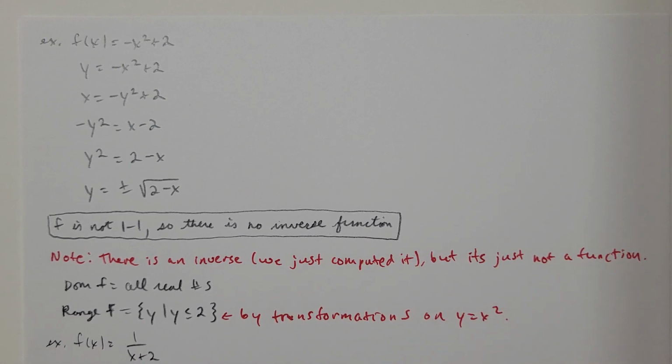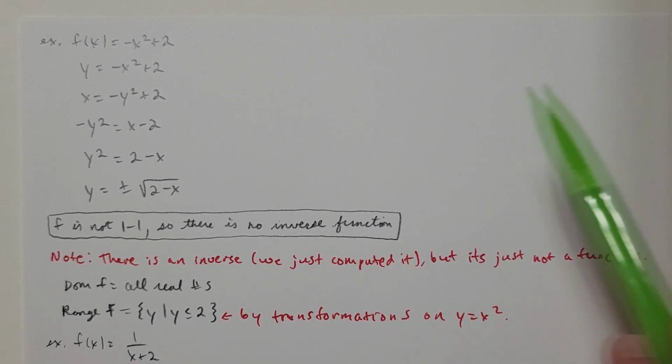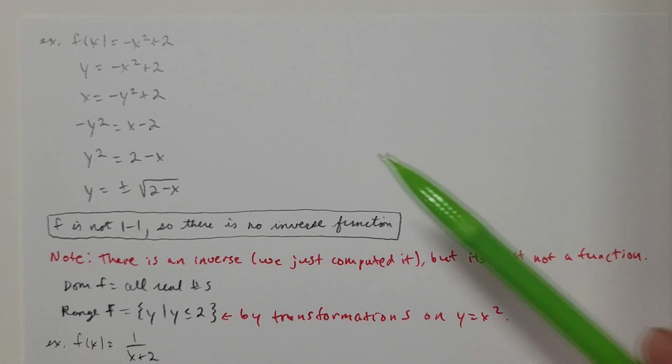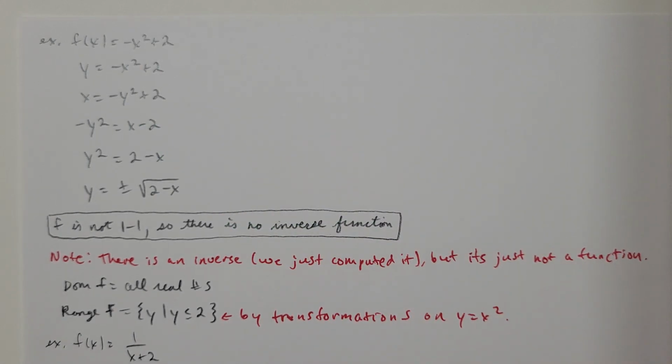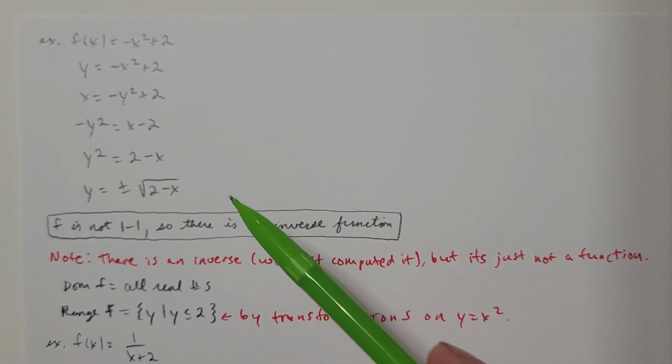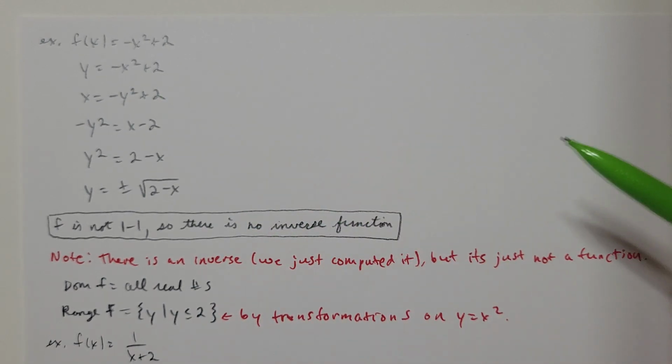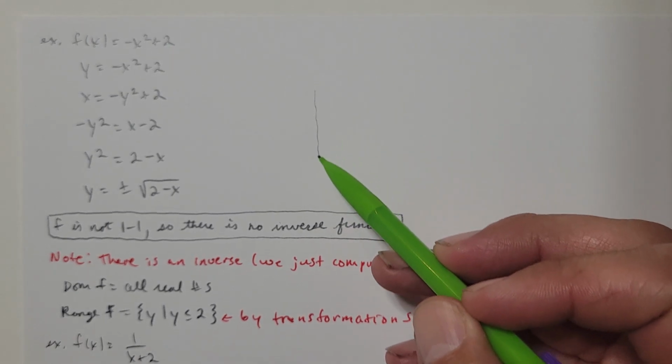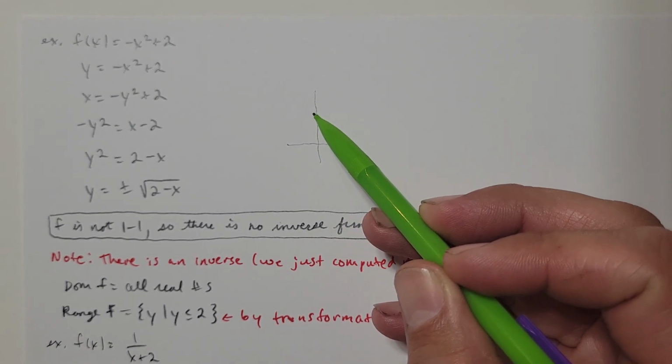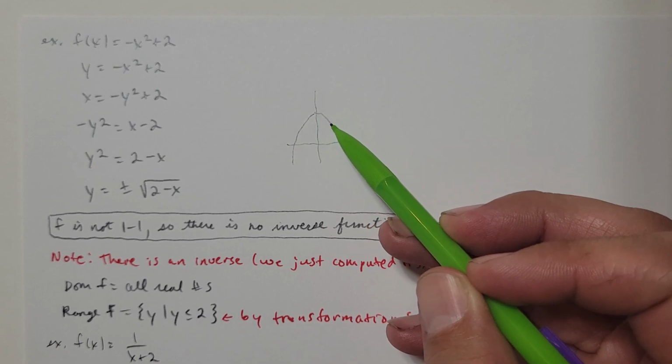The range is the domain of the inverse. Okay, and there's a couple of different ways that I can get the range here. The first thing is I can use transformations on y equals x squared. So I have a parabola, y equals x squared. The negative is in front of that, so I'm going to flip the parabola upside down, and then plus 2 means I'll shift it up 2 units. Okay, so I'm looking at a parabola here, it's facing downward.